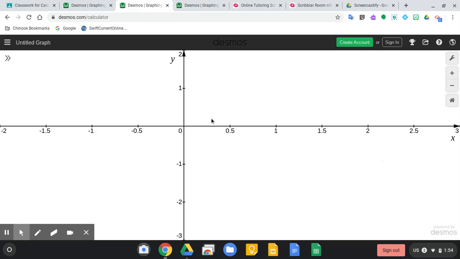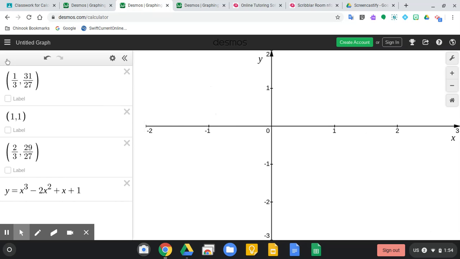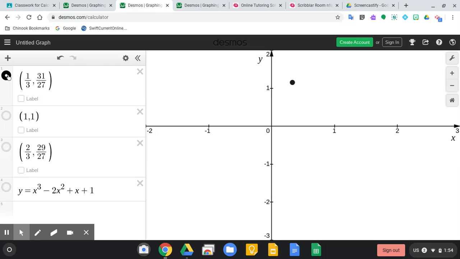At 2/3, 2/3 is going to be roughly here somewhere. We were at 31/27, which is a little bigger than 1, so the point is going to go up there. And again, I have this typed in ahead of time. There's 1/3 and 31/27. We had a minimum at the point 1, 1, and then our inflection point was at 2/3 and 29/27.